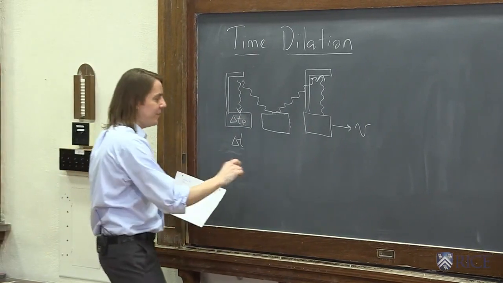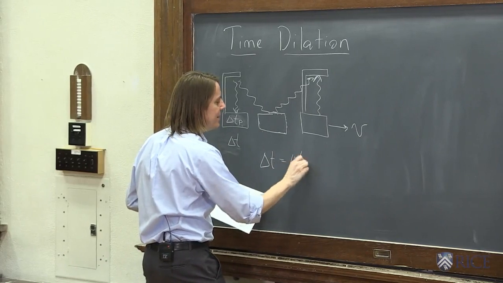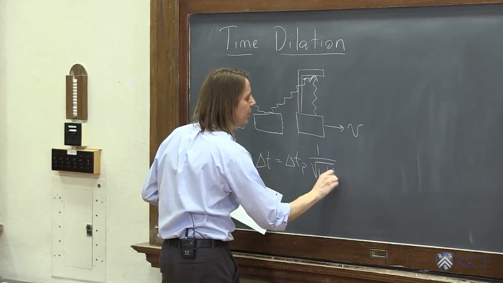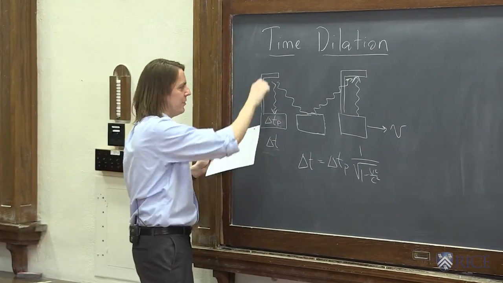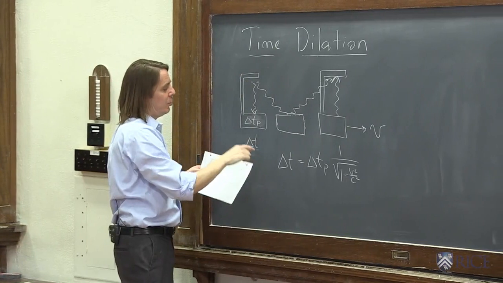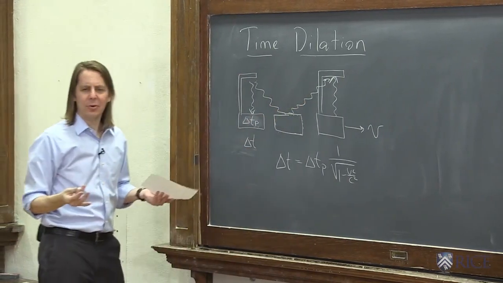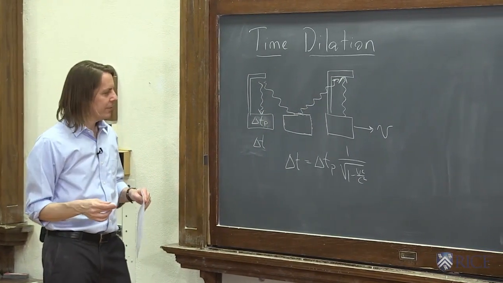And the reason they're not the same, what we found was that delta t is the same as delta tp except this factor, 1 over the square root of 1 minus v squared over c squared. The reason they're not the same is the one in the proper frame sees it go one distance, and the one in the lab frame sees it go a different distance, but they see it go the same speed. So the only way it can work out is that the time is different.